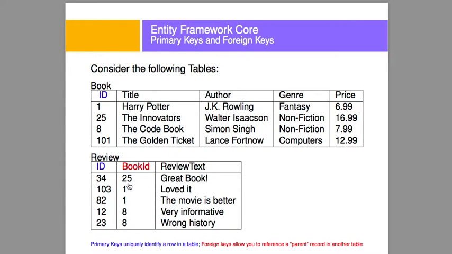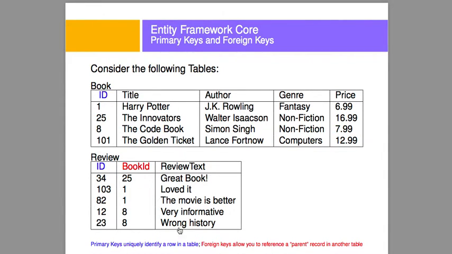Why do you do it like this? Well, because it doesn't make sense to repeat the name Harry Potter or The Innovators or whatever very long title, because every character you type uses space and you want to optimize your space and optimize search. And each review has an ID, therefore you know which review came first, for example. Now, each review, for example, review 82, refers to one and only one review for Harry Potter.